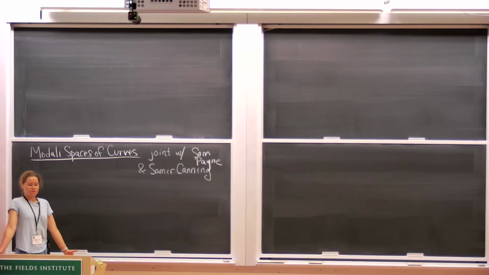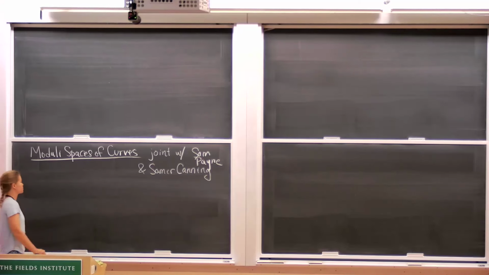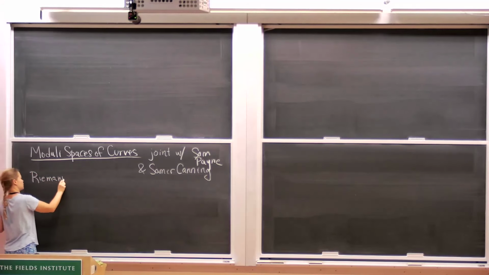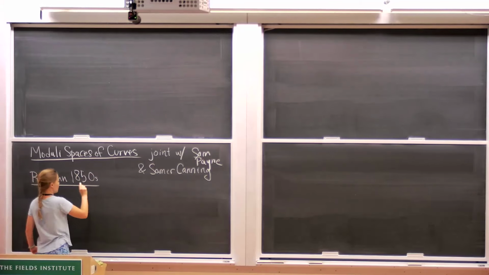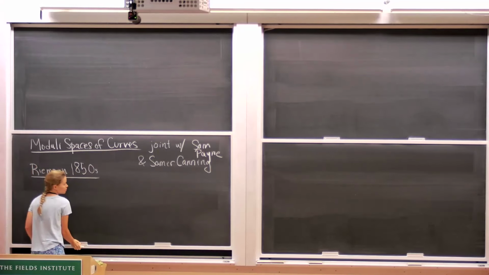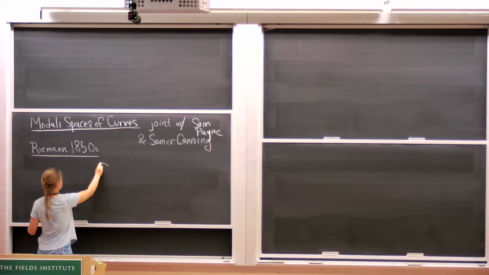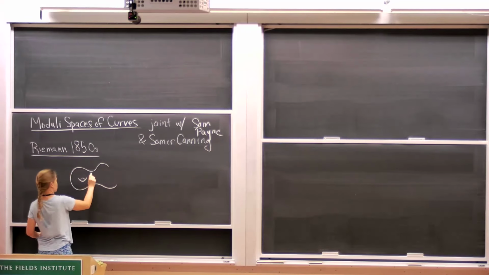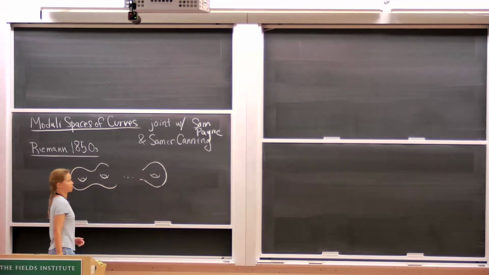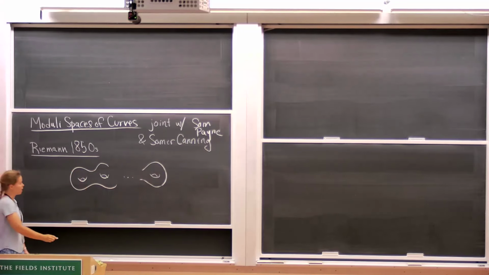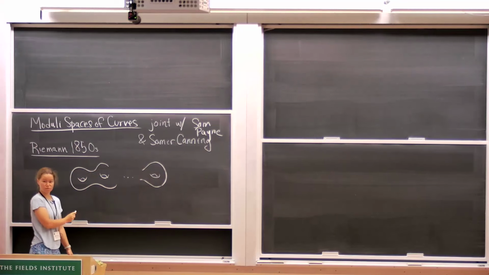So the story of the moduli space of curves starts with Riemann back in the 1850s. And he was interested in classifying all smooth, proper algebraic curves over the complex numbers. Nowadays, we also call this a Riemann surface.